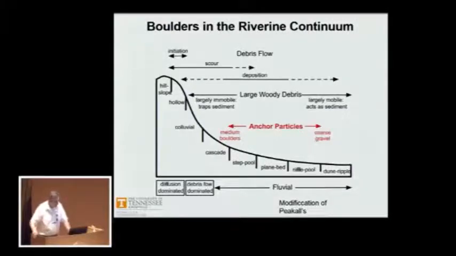Moving on, when we try to see how boulders affect what we call the river continuum, we can see that their effect spans from the cascade type of systems all the way pretty much to the riffle pool.